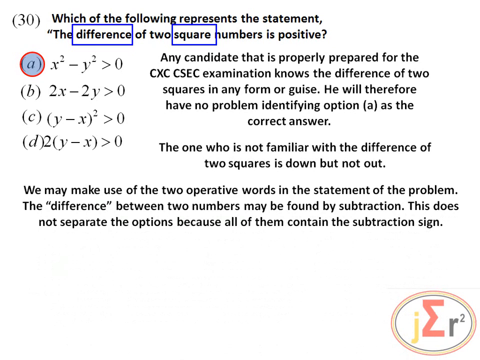So we are making use of the two operative terms that we have highlighted there. Difference and square. This does not separate the options because all of them contain the subtraction sign.